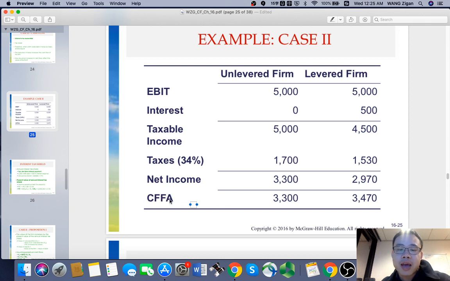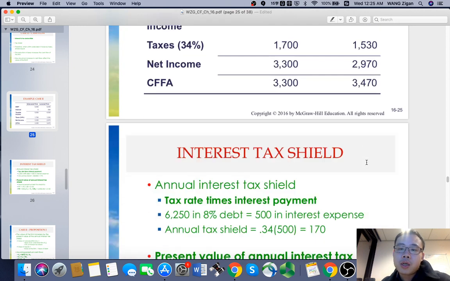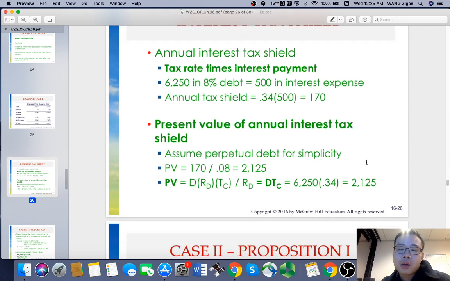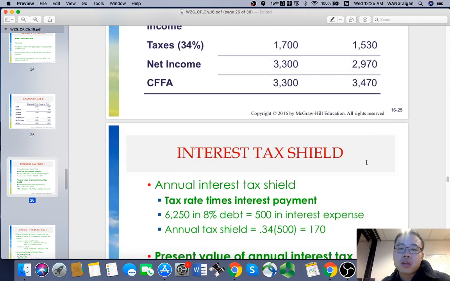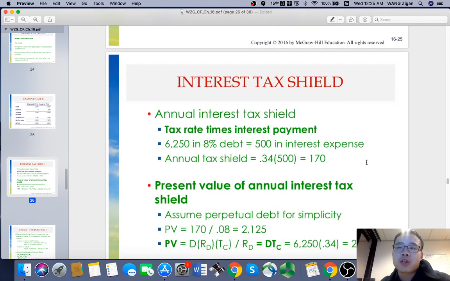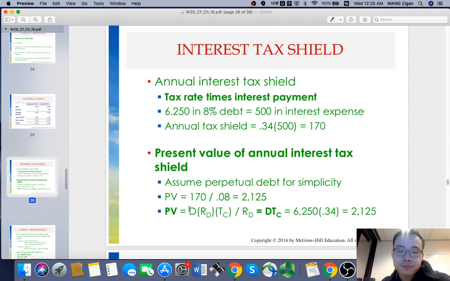This cash flow from assets will be higher because you pay less taxes here. So the question is how much money you save from paying less taxes. Like how much less tax you have paid. So the answer is this.